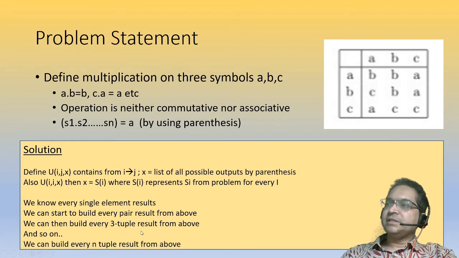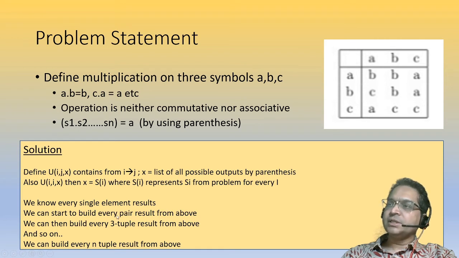Then we move to every three tuple possible. And when you go to every three tuple, let's say from 1 to 3, if you were to multiply S1, S2, and S3, you could multiply S1 with S2 S3, or S1 S2 with S3. So there's two possible parenthesis outcomes. And so we will construct this three tuple result from every pair result.